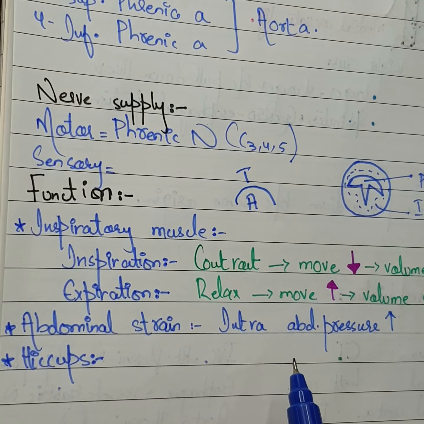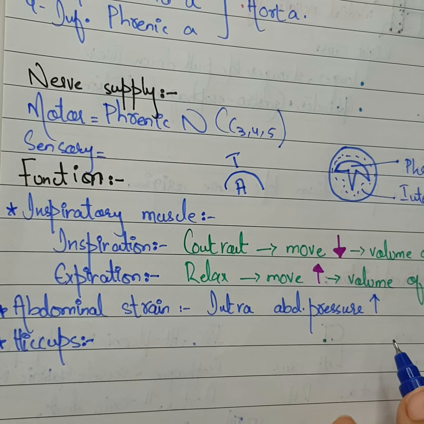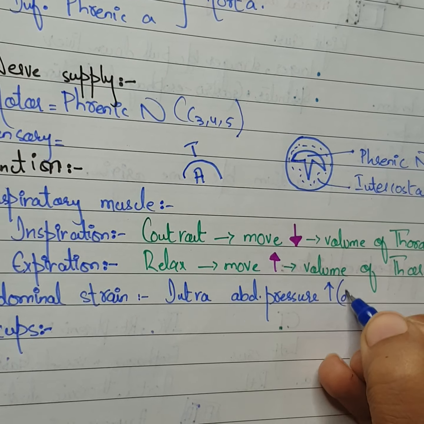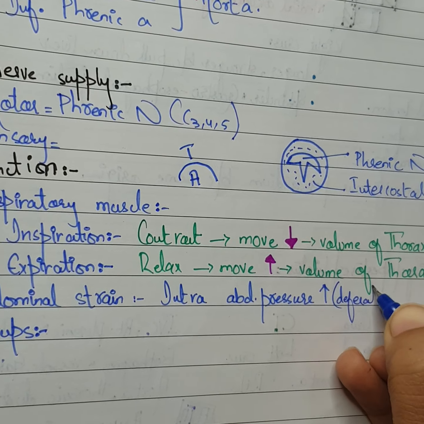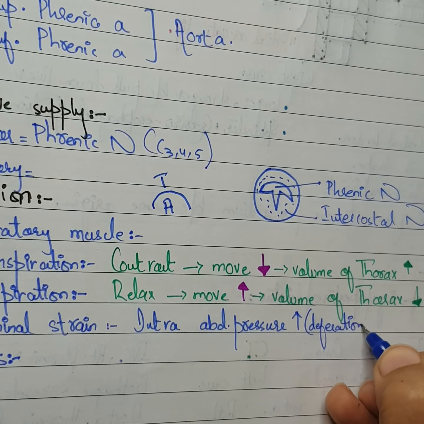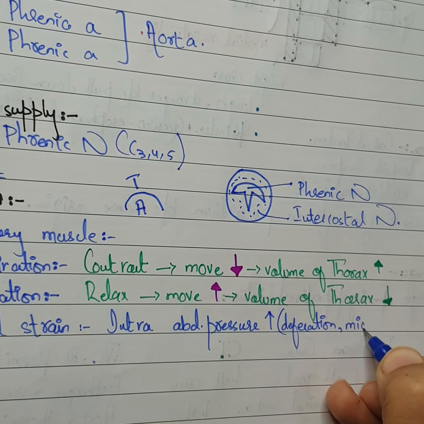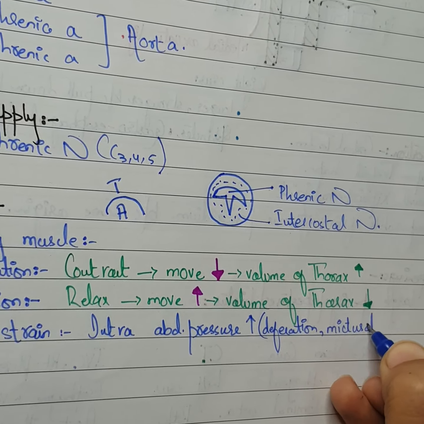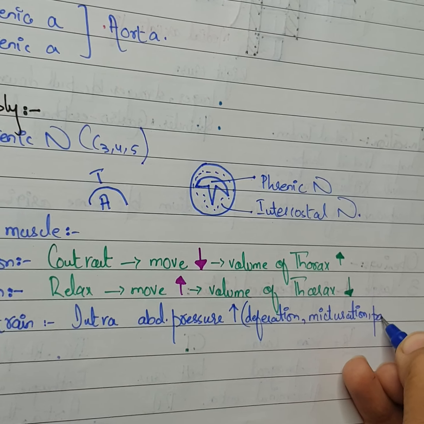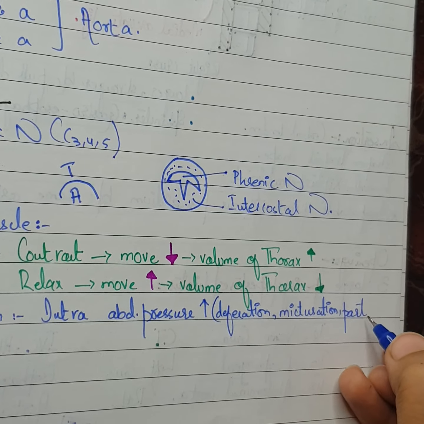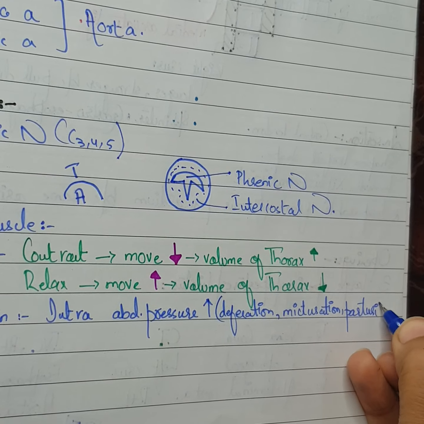Intra-abdominal pressure is increased to expel things out of the body, like in defecation. Increased abdominal pressure is required in defecation, in micturition, in parturition, even in vomiting and coughing.